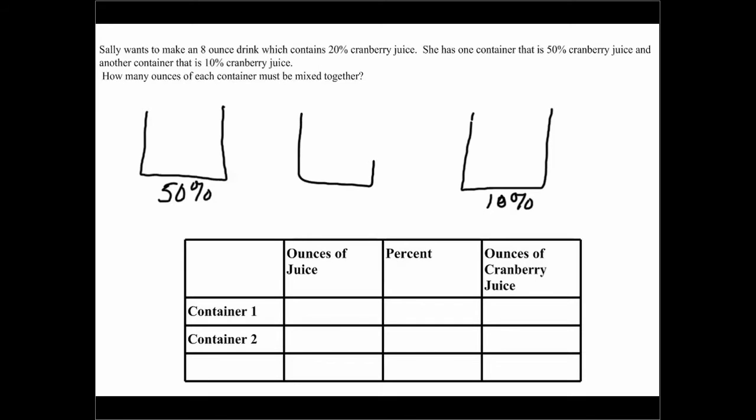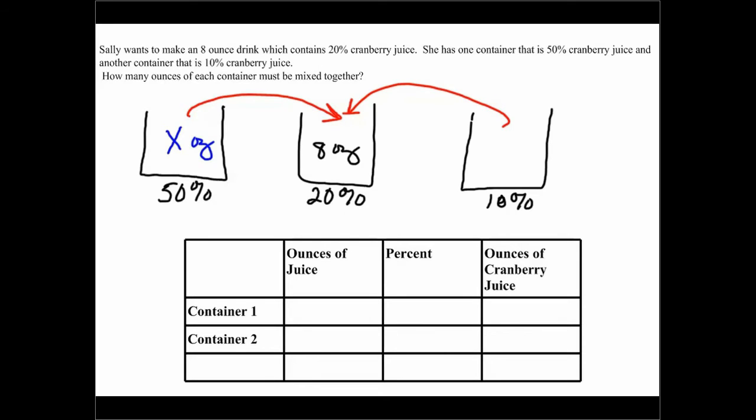She wants to mix these two containers together, and the result will be 8 ounces of juice that's 20% cranberry juice. So the unknowns are how much of each of these two containers need to be mixed together. There's x ounces of juice in the first container. There's y ounces of juice in the second container.